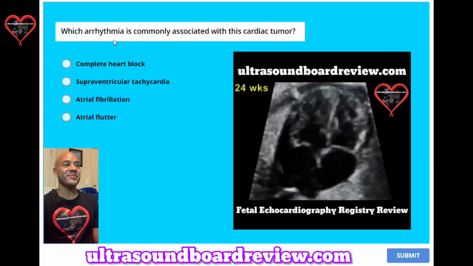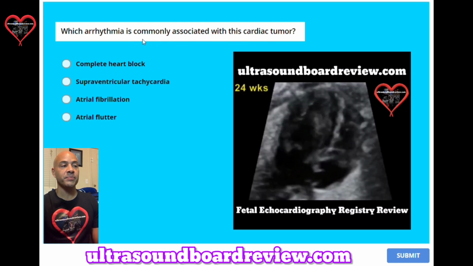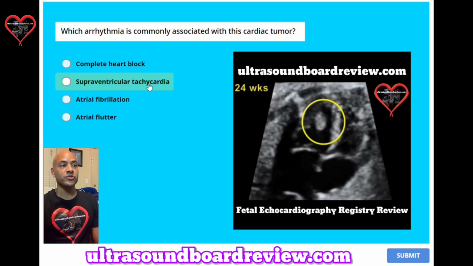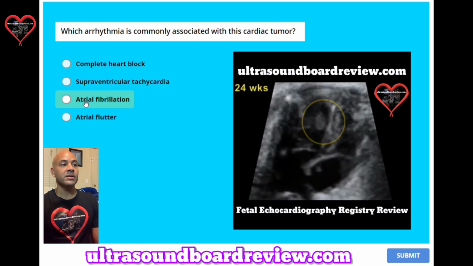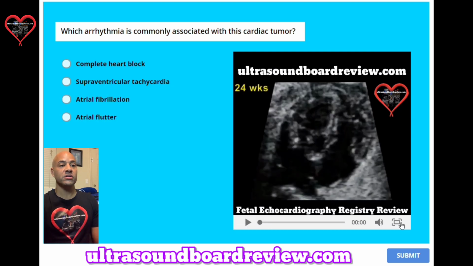Question 71. Which arrhythmia is commonly associated with this cardiac tumor? A, complete heart block. B, supraventricular tachycardia. C, atrial fibrillation. Or D, atrial flutter.